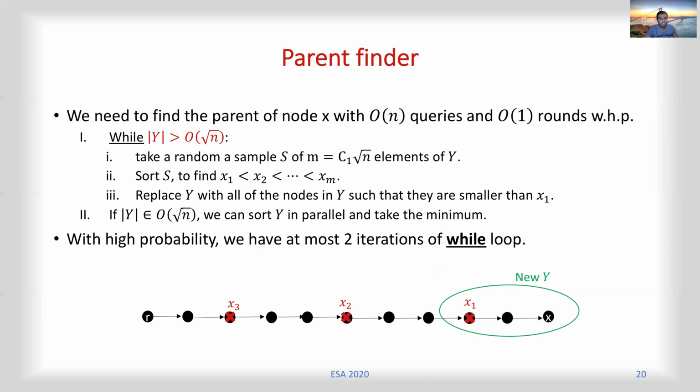So we expect that with high probability, we have at most 2 iterations. So we can find the parent of each node with O of n queries and O of 1 rounds with high probability.